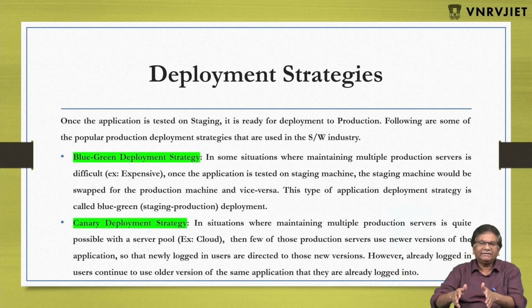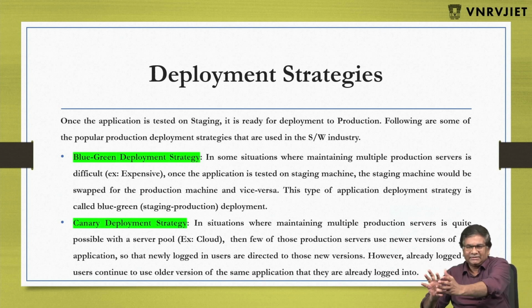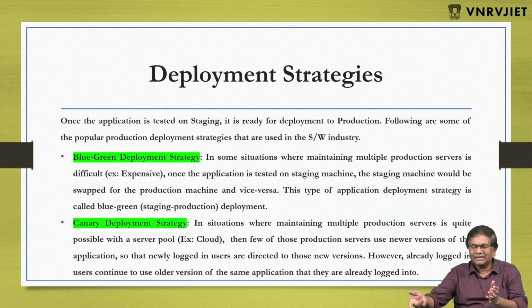Once it is good with staging, the way blue-green deployment works is that the production machine is stopped for some time. Then we make the staging machine the production, and production becomes staging. So we swap production and staging, so that whenever somebody starts getting onto the server, they use the new deployment machine, which is the former staging.